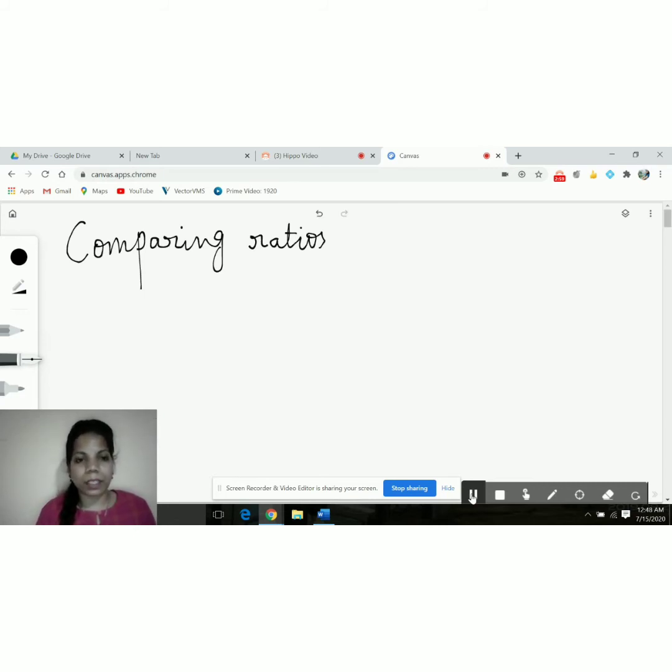Then after converting into like fractions, we have to compare numerators. Now let us see with an example. I want to compare 2 is to 3 and 5 is to 2.